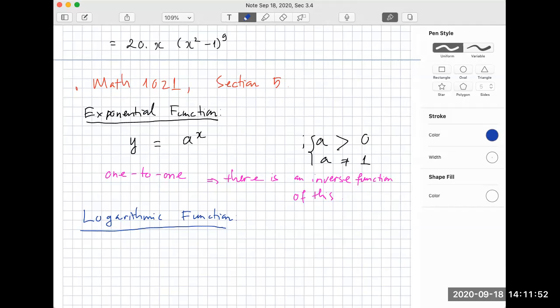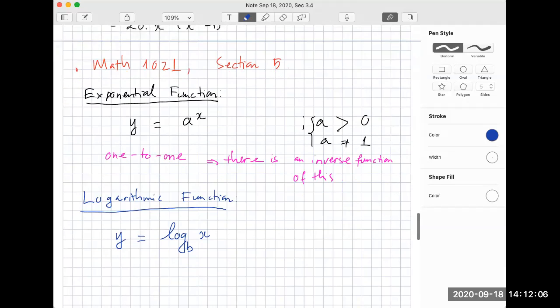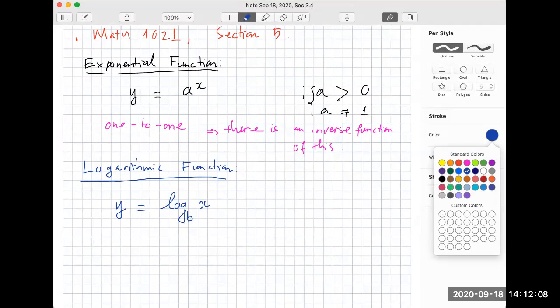The logarithmic function is the function y equals log base b of x, which is defined as equivalent to x equals b to the y.